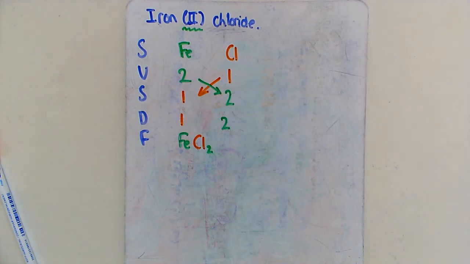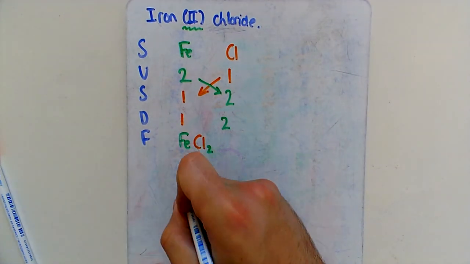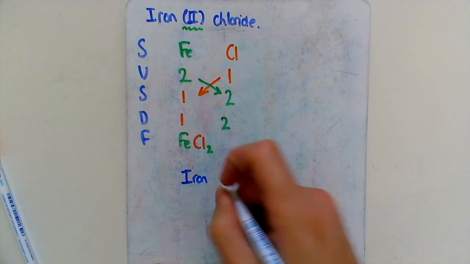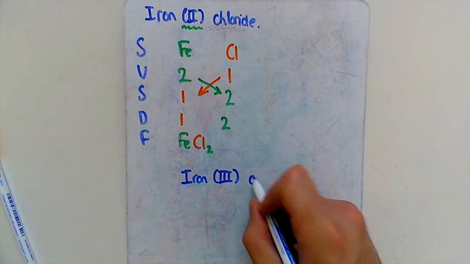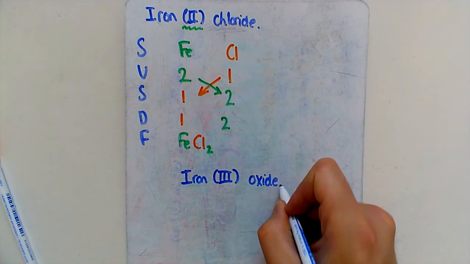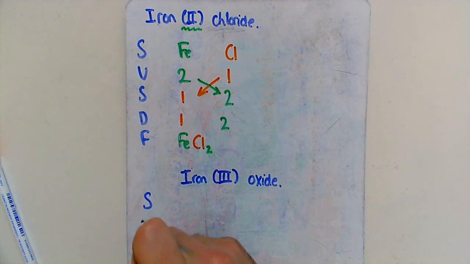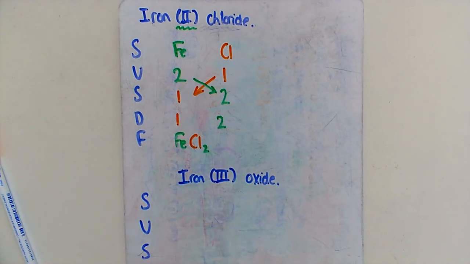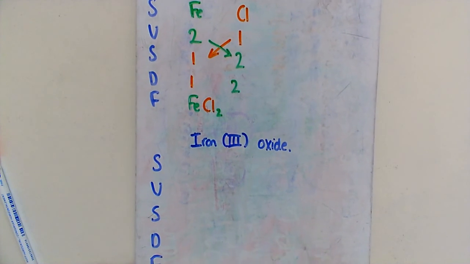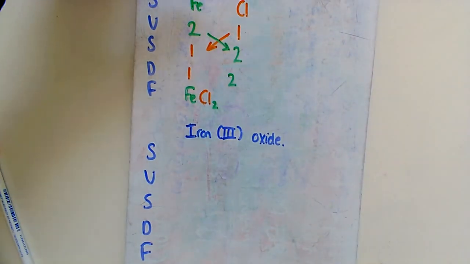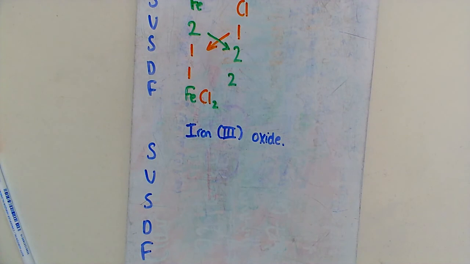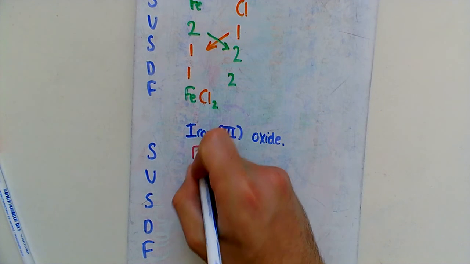Now the next example and the final example, we'll do iron 3 oxide. SVSDF. We've got SVSDF, so just like before, the symbol for iron is Fe.